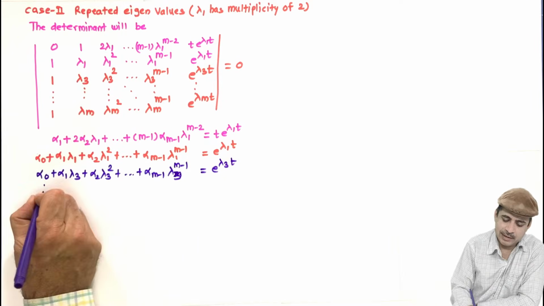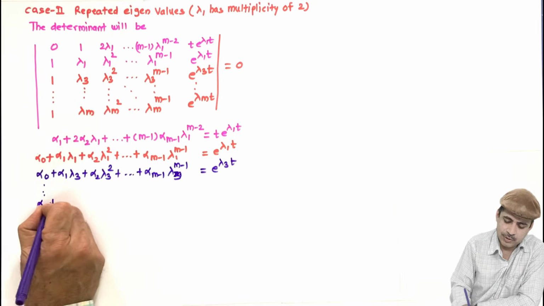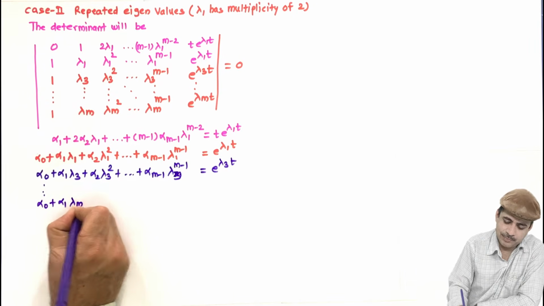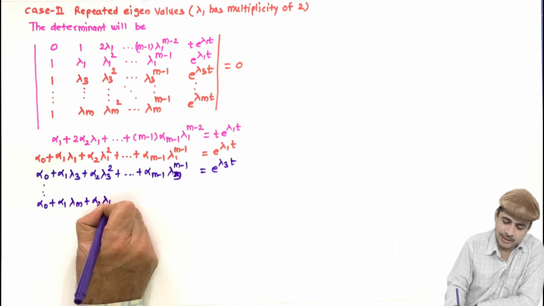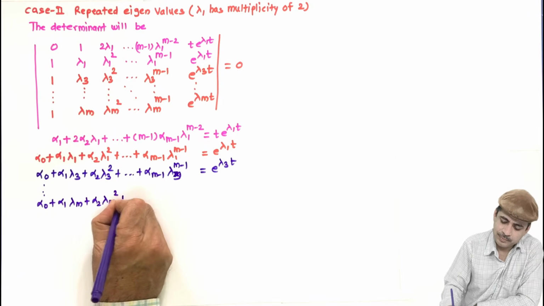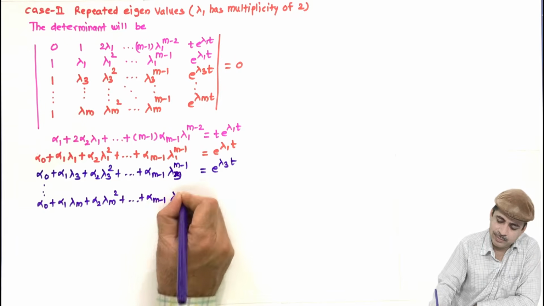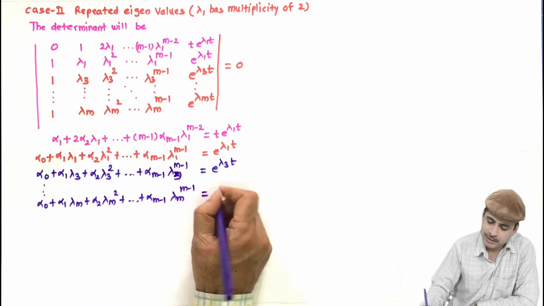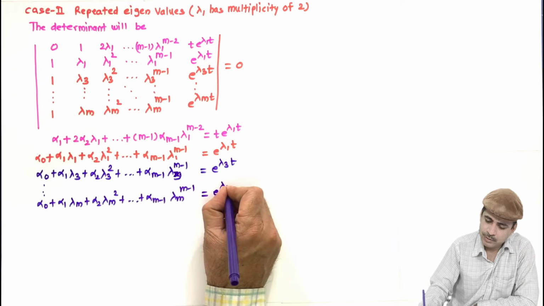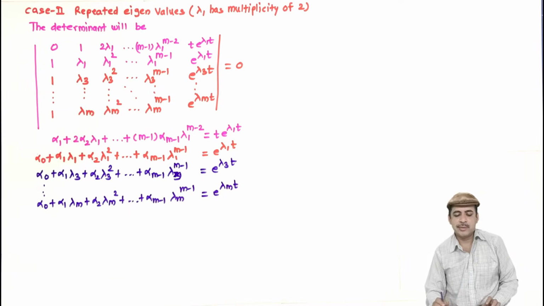And finally the last one will be alpha 0 plus alpha 1 lambda m plus alpha 2 lambda m square plus alpha m minus 1 lambda m raised to m minus 1, and this will be e raised to lambda m t. Again there are m equations.